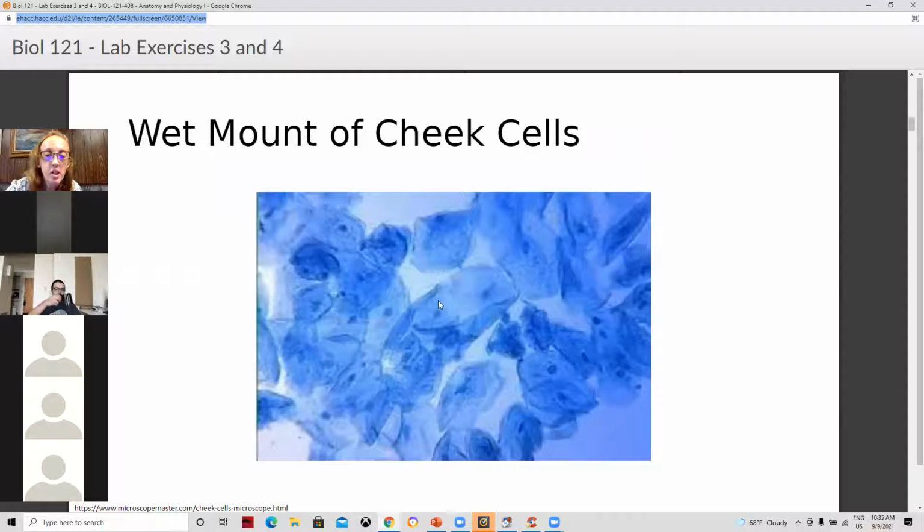Using that DNA stain, right about right here are the boundaries of one cell, so the plasma membrane of one cell. And the nuclei right there, where the DNA is going to be contained.